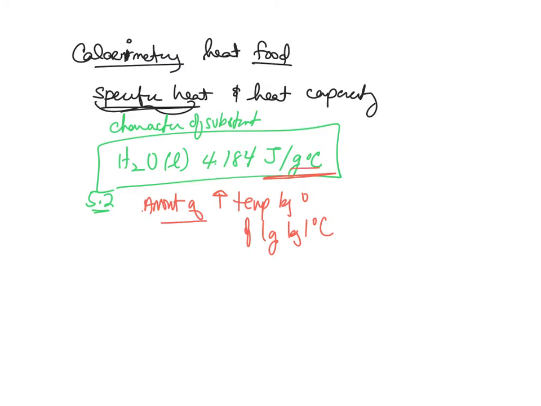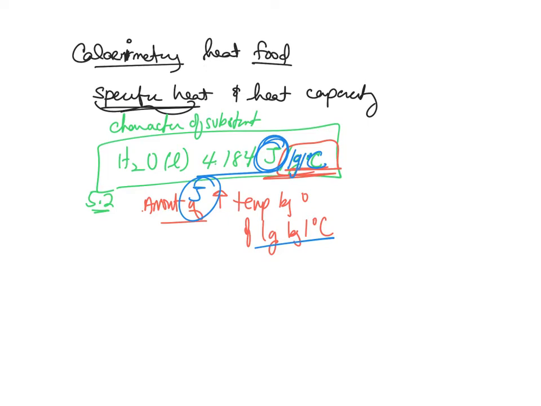Here's J per g°C, so 1 gram by 1 degree, and Q is in joules. So the amount of heat energy required to increase the temperature of 1 gram of material by 1 degree C. And you see water has a high number.